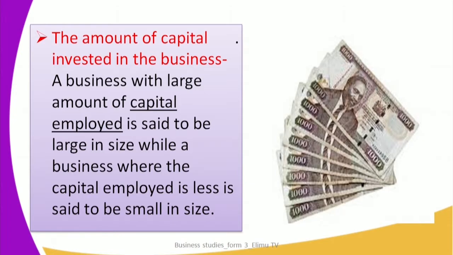So you'll find that capital employed alone cannot be a good measure of farm size, because you'll find that some businesses, though having a large sum of capital employed, may have most of the money invested in form of fixed assets like land, premises, buildings, and machinery. So a farm may invest most of its capital in fixed assets, with such examples like the one I've just given.